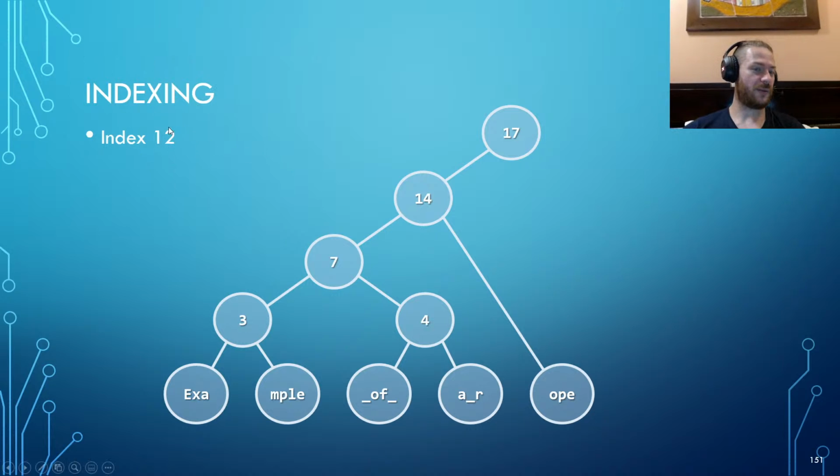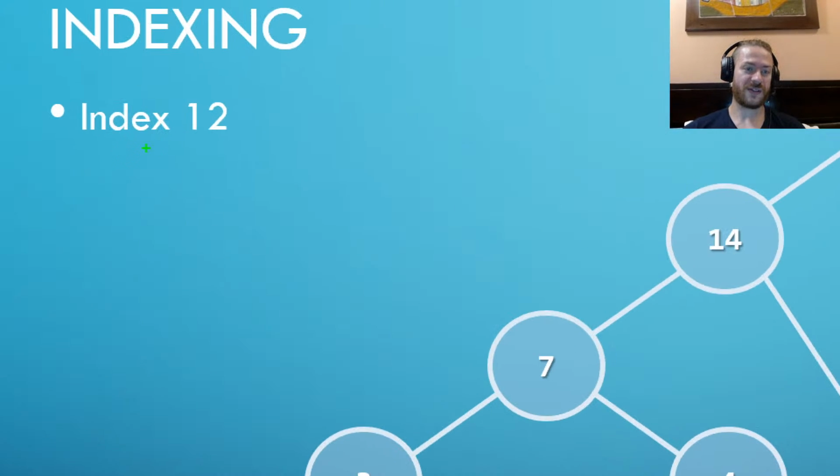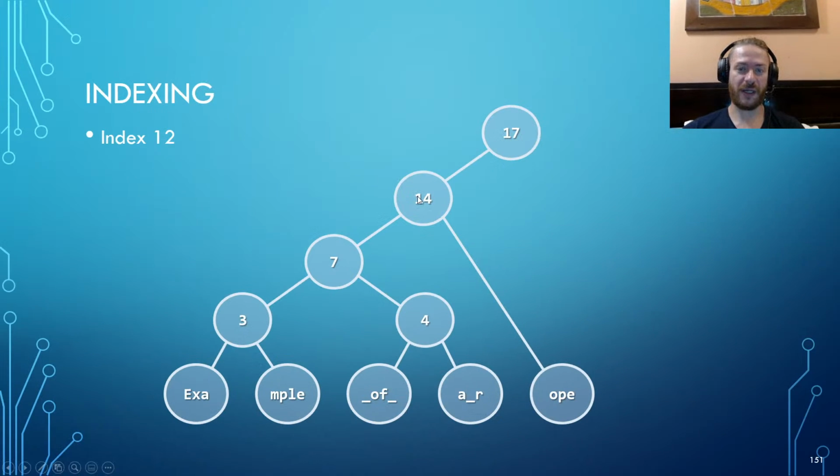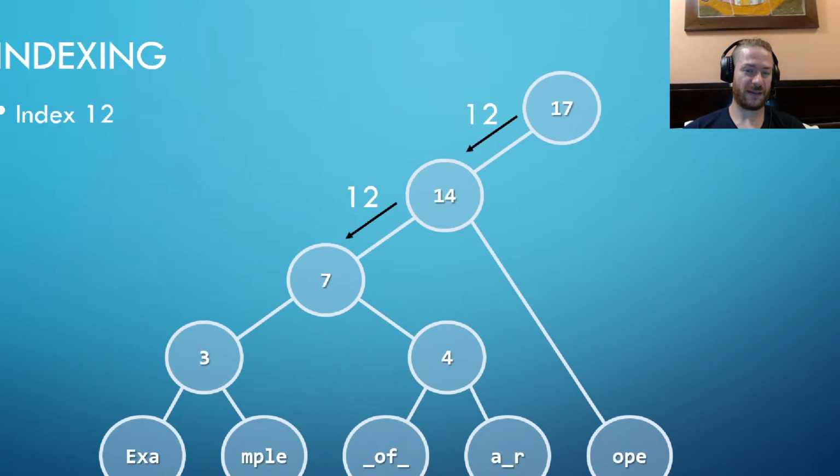Here is how we can index a node. So if we want to find what's on index 12 in our string, we start from the root, we search for 12, so everything is to the left. Then 14, again we search for 12, we hit the 7, which is smaller than 12.